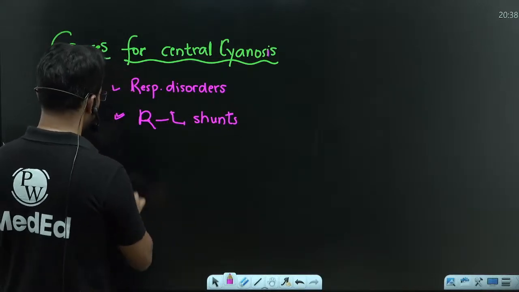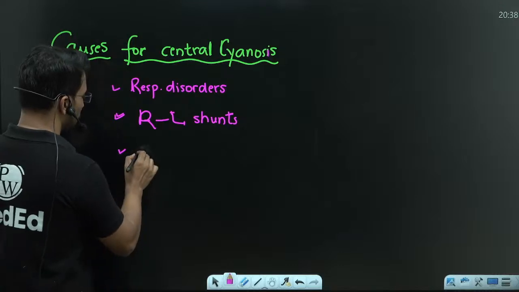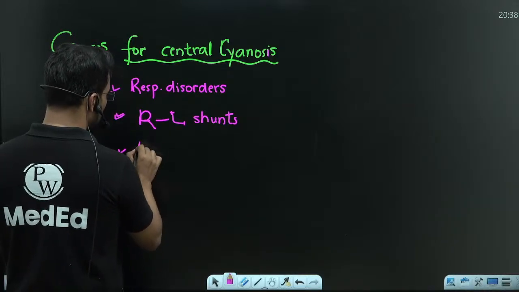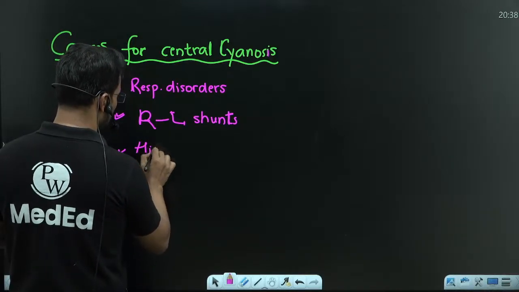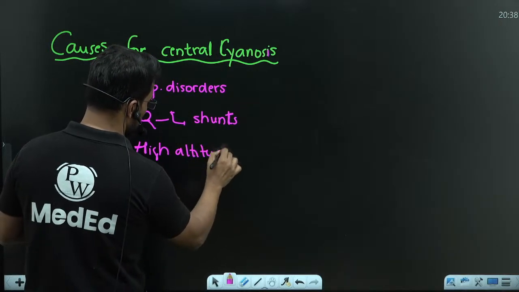Okay. Then another condition where I can have central cyanosis is exposure to high altitude, where oxygen levels in the blood are decreased.